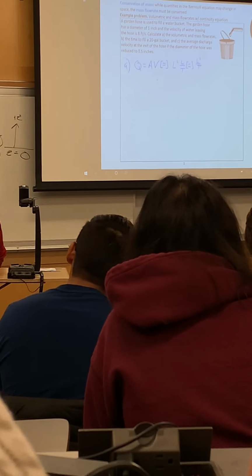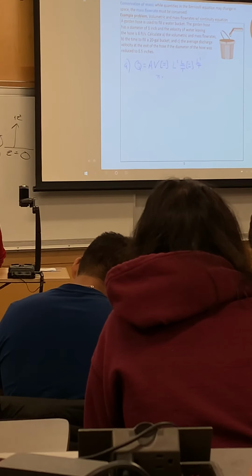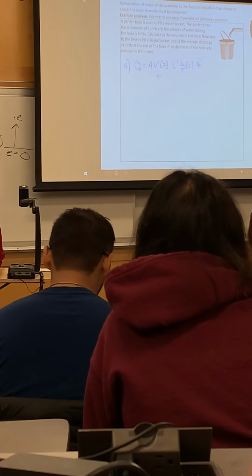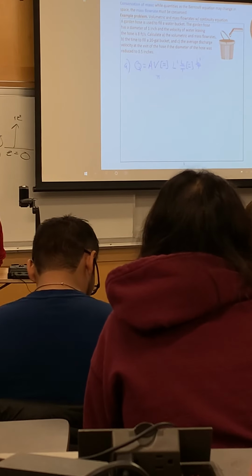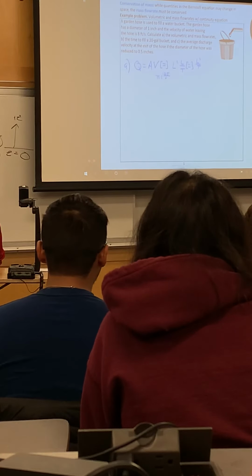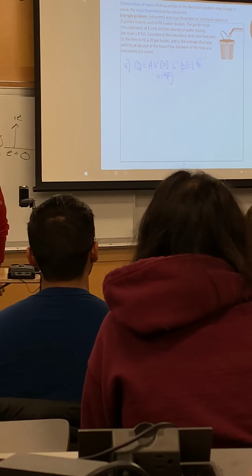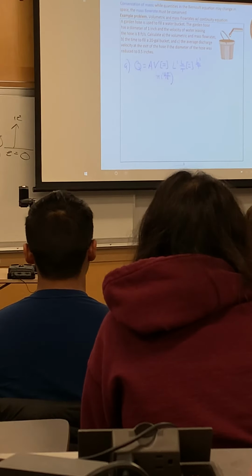And so we're given a diameter, so area is pi times the diameter squared over 4, or pi r squared. I know this is sort of tedious, but these are mistakes that I often see, right? So we want to do pi r squared, right? Make sure you drop that 0.5 in.